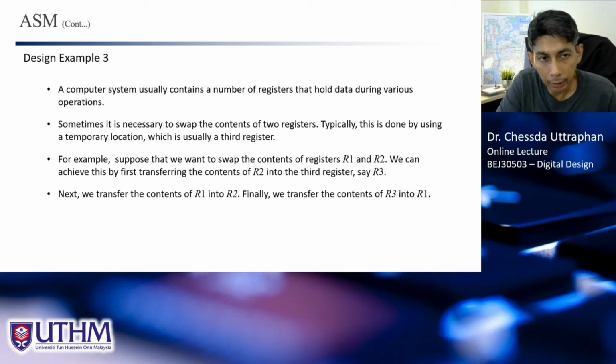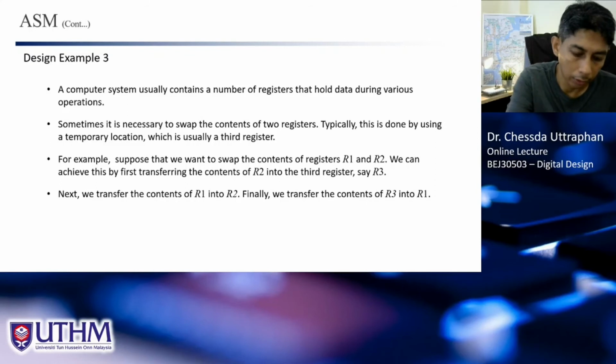A computer system usually contains a number of registers that hold data during various operations. So inside a computer, we have many registers, to hold data or to store data. So sometimes it is necessary to swap the content of 2 registers. Typically, this is done by using a temporary location, which is usually a 3rd register.